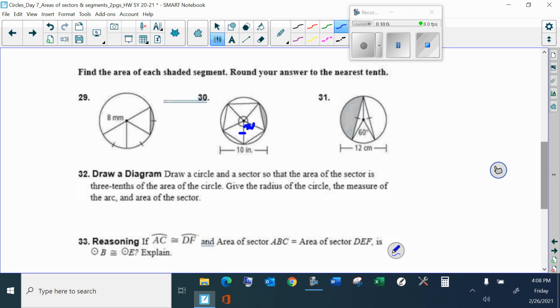Don't forget, those are isosceles triangles, so base angles are equal. Ultimately, what I'm doing here is finding the area of that triangle, so I can blow that triangle up if I wanted to. 72 degrees, isosceles, so it's going to be 36 degrees on each.